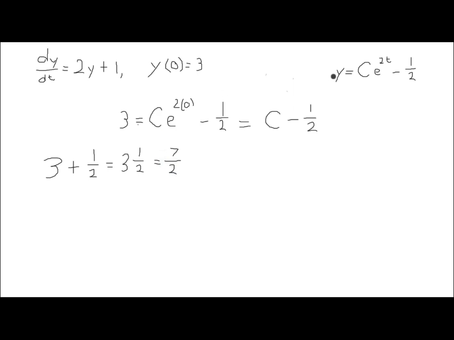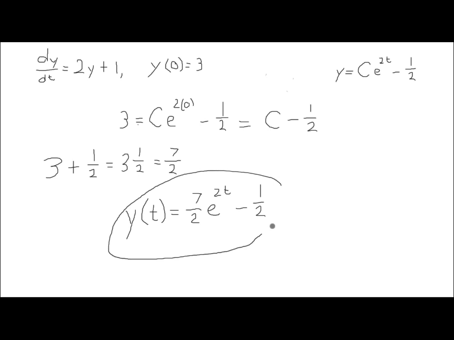So now we know what our coefficient is for the general solution, and we can apply it to the specific solution, and therefore we can conclude that our specific solution is y of t equals 7/2 e to the power of 2t minus 1/2. So that is our solution to the question.